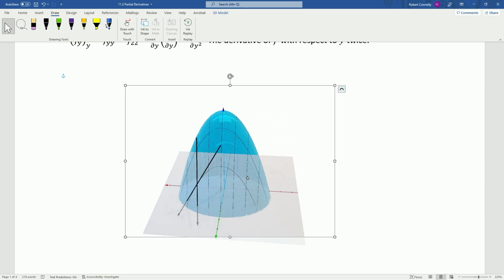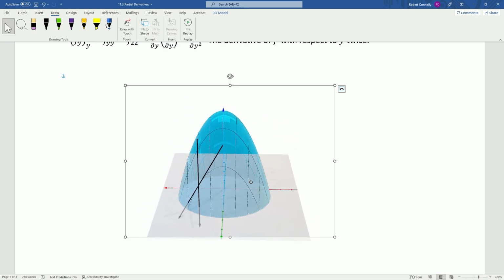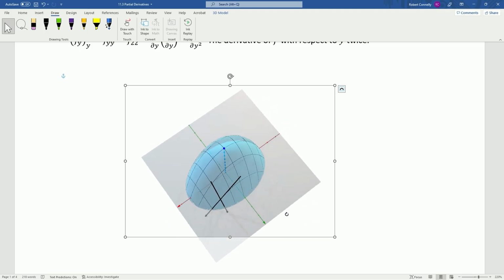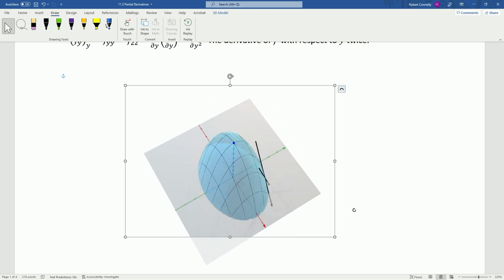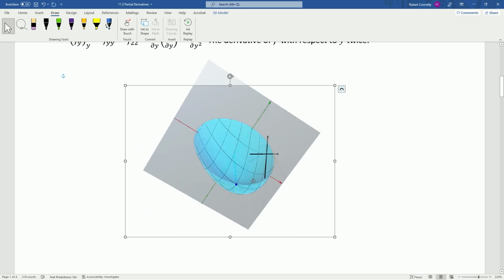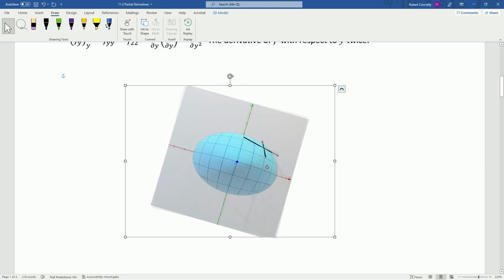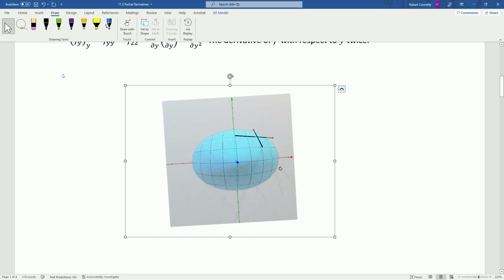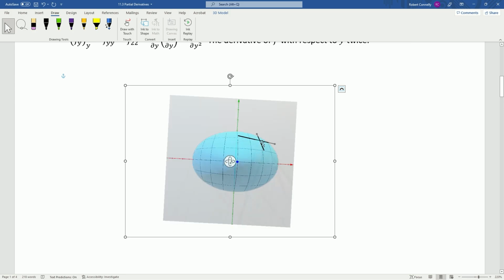All right, so let's take a look at this thing here. We've got this ellipsoid, and if we rotate this around, I'll try to keep turning it. So what does this tell you? Well, we've got these two vectors. One's heading in the x direction, and the other's heading in the y direction. Of course, you would guess the one heading in the y direction is the partial derivative with respect to y.